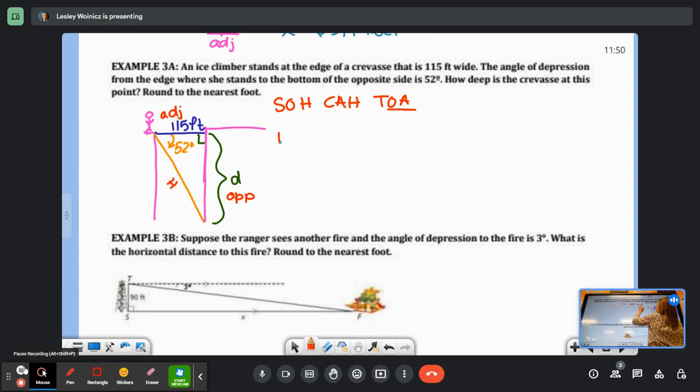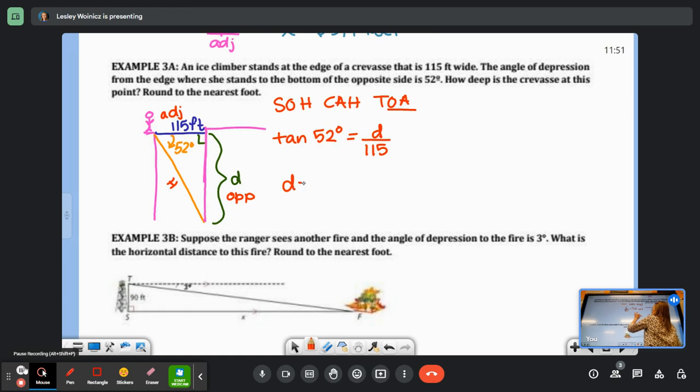Okay, so the tangent of 52 degrees equals, yep, our D, our depth over our 115 feet wide. Okay, this time, again, thankfully, our unknown is in the numerator, so all we have to do is multiply both sides by 115.